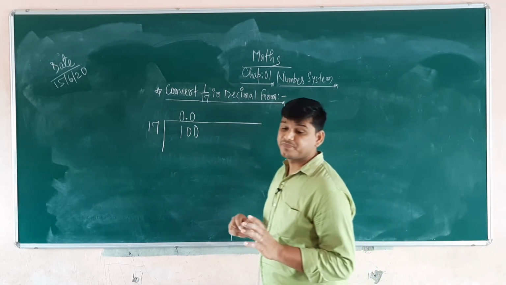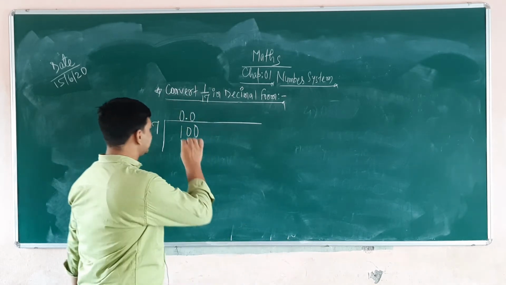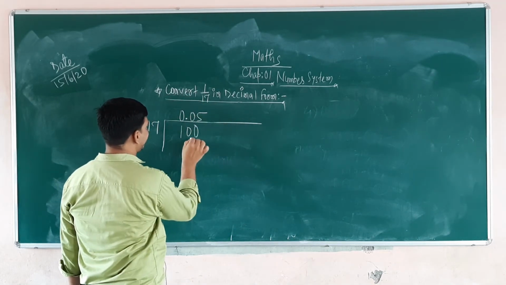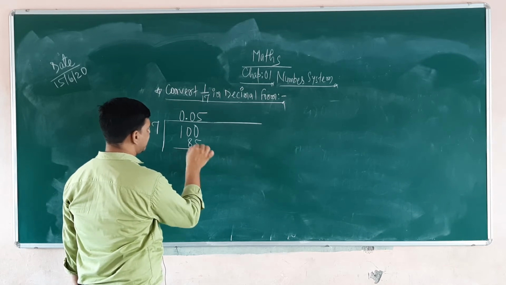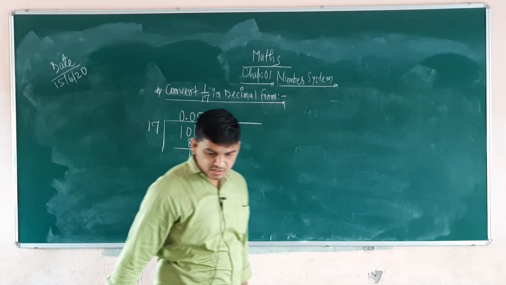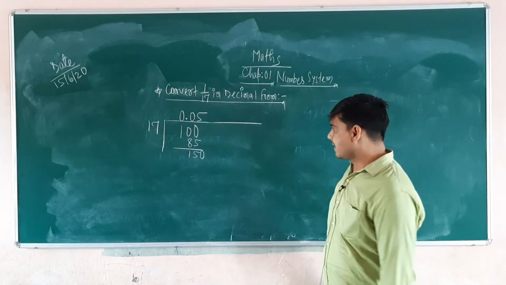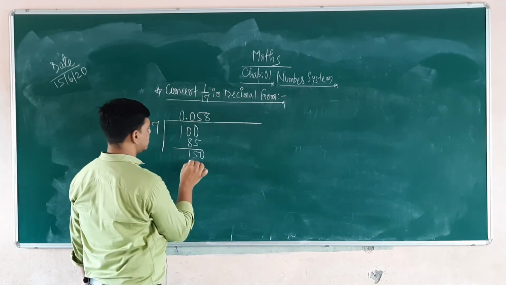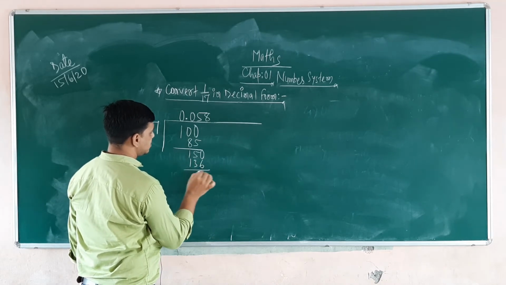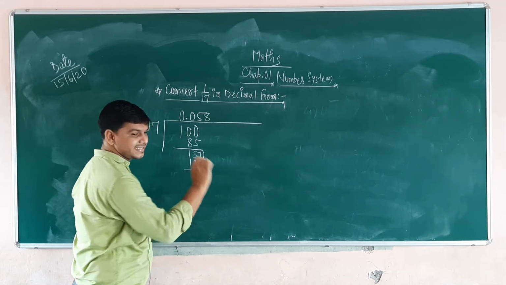Now the next step, 17 5s are 85. Remaining is 15, and the 0 is carried forward. Now the next step, 17 into 150, 17 8s are 136, 14 remaining, 0.